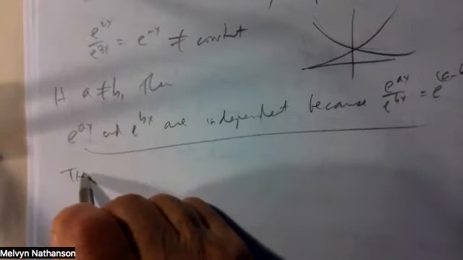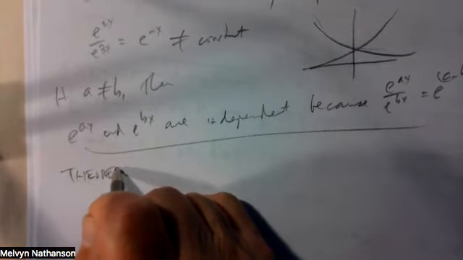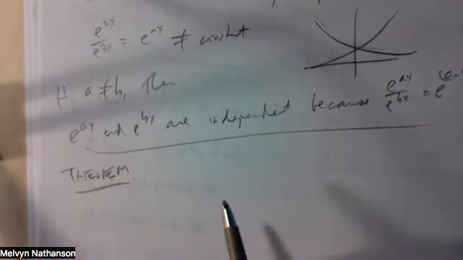Okay. And there's an important criterion, it's actually a very simple test, to tell when two functions are linearly independent. This is a kind of theorem which is proved.